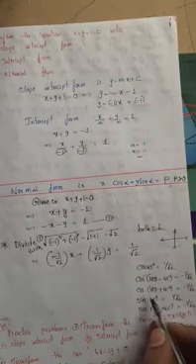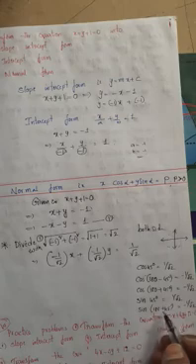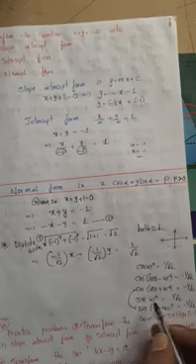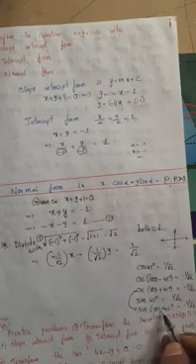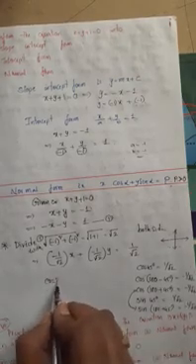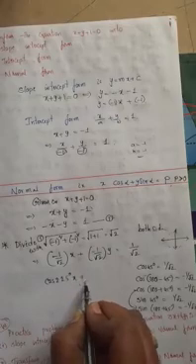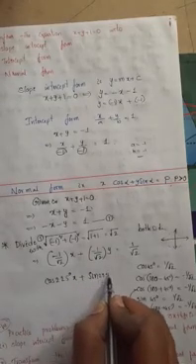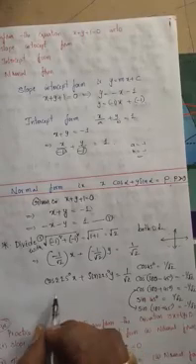For 180 plus 45 degrees, that means in the third quadrant, for both cos and sin you are getting minus 1 by root 2. So that is cos 225 degrees x plus sin 225 degrees y is equal to 1 by root 2. Hence, this is the normal form of the given equation.